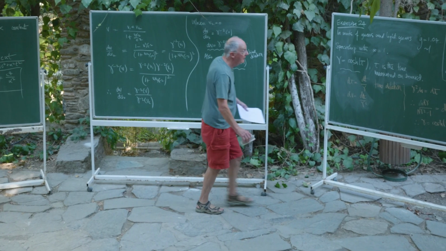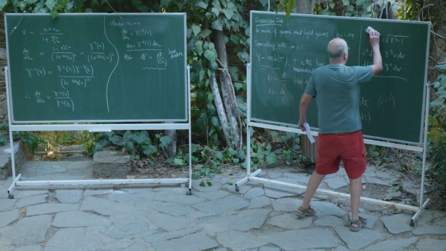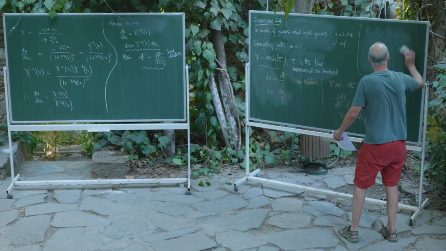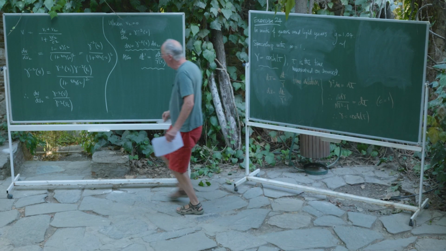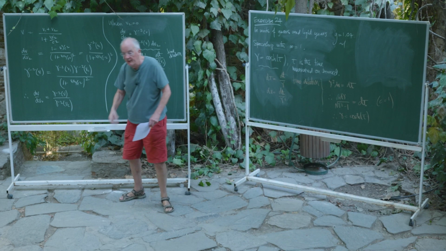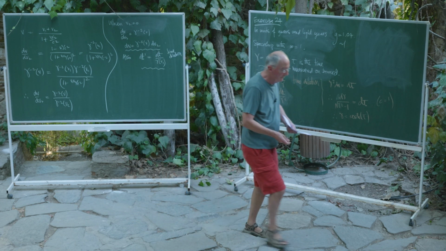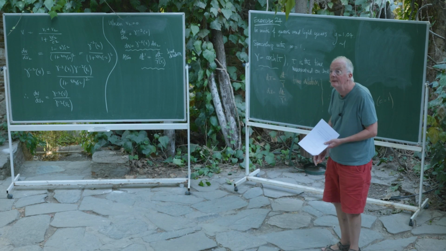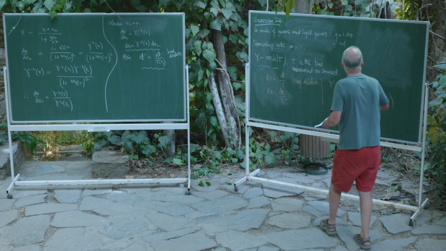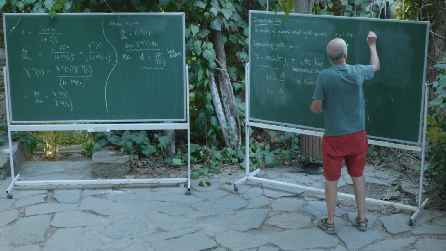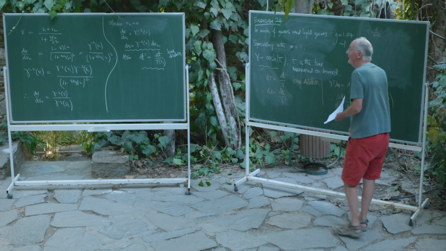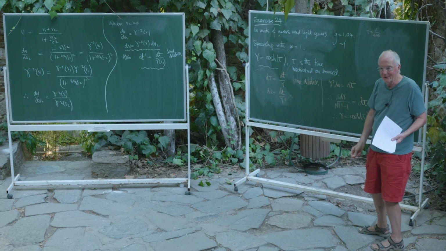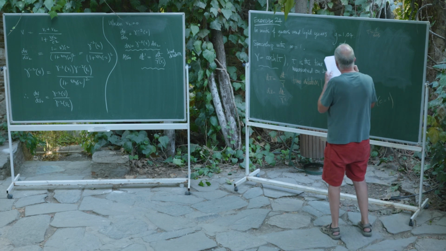So the question goes on to say, suppose the onboard clock, the clock in the spaceship, measures 1 day. In other words, tau is 1 over 365, because tau is measured in years. Then what's the gamma factor?